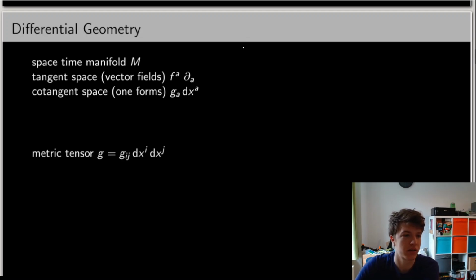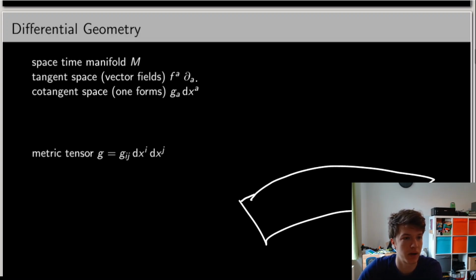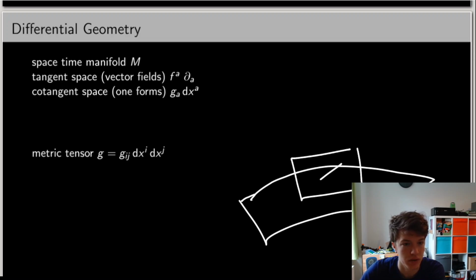And to formulate these equations differential geometrically, we need a space-time manifold, usually called M. And with the parameterization by coordinates, we also can define the tangent space on each point as the derivatives with respect to the coordinates and linear combinations thereof.